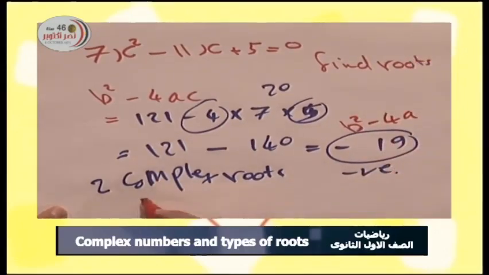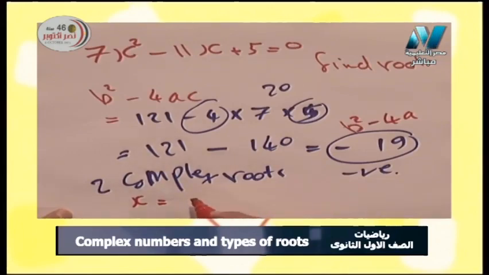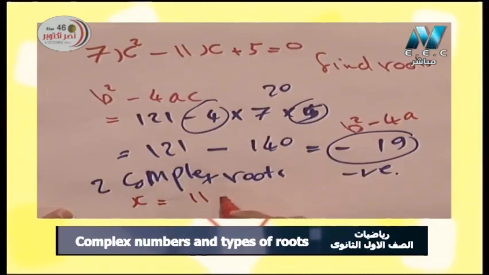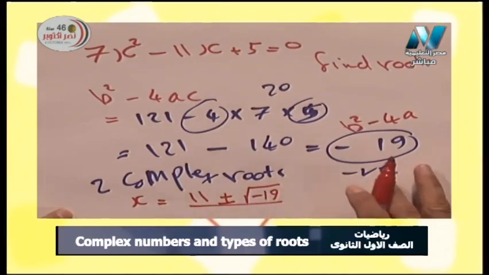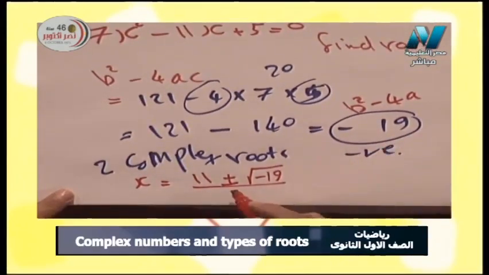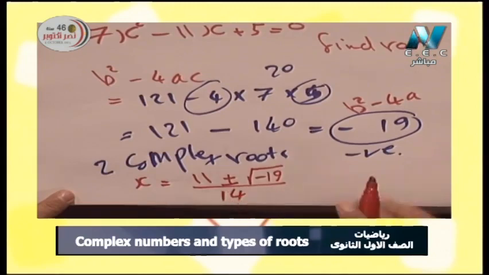So x equals negative b, which is 11, plus or minus the square root of negative 19, over 2a, which is 14.